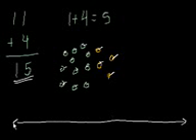And a number line, all I do is I draw out all the numbers in order. So it's 0, 1, 2, 3, 4, 5, 6.